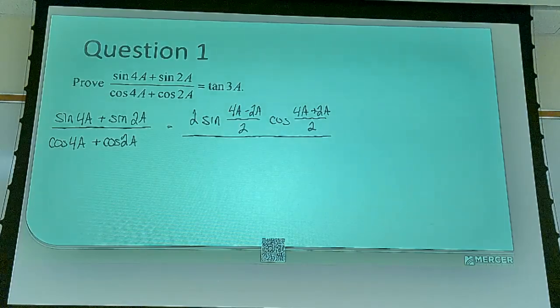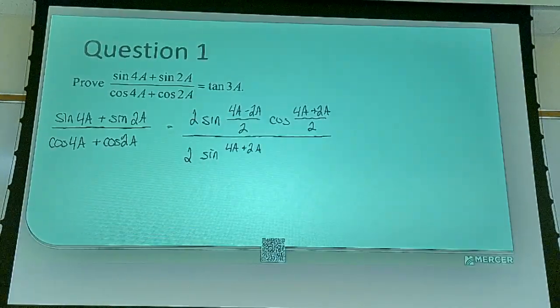Denominator, the sum to product on cosine. Twice sine of 4a plus 2a... no, sorry, I was looking at the wrong one.